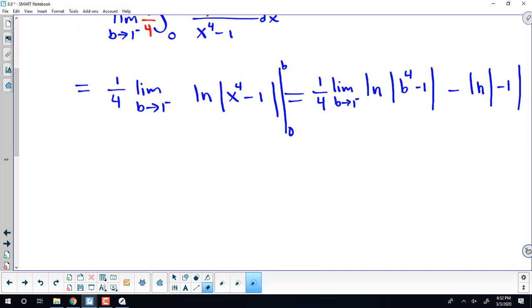So as b approaches 1 from the left, what do we get? Basically, it turns into the natural log of 0. In terms of a limit, though, what is the natural log of 0 approaching? So let's write it out. The natural log of the absolute value of -1, that's 0.